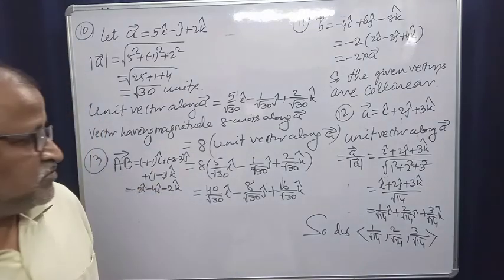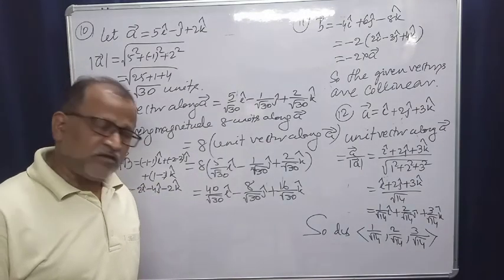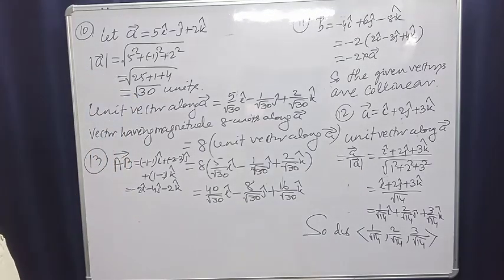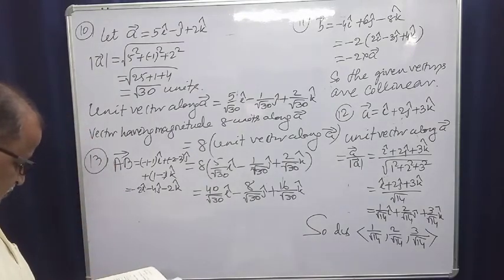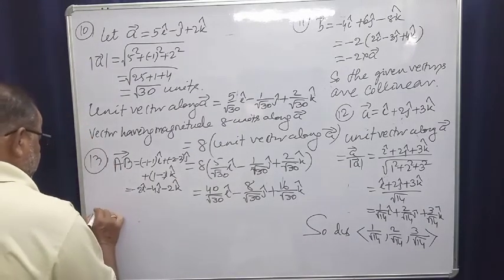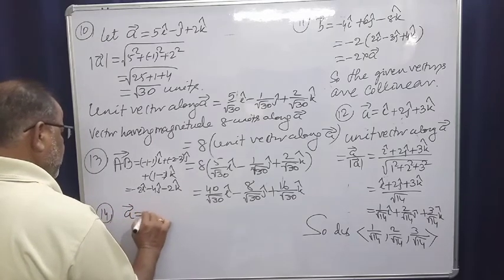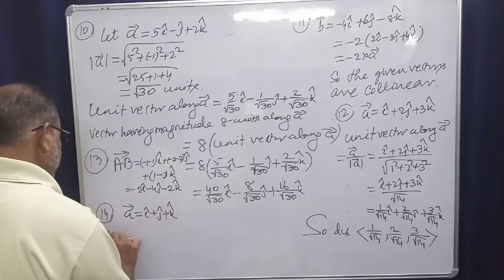Cos alpha is equal to cos beta is equal to cos gamma. That means l is equal to m is equal to n. Right? Okay. Let A be equal to i plus j plus k. Unit vector along A.